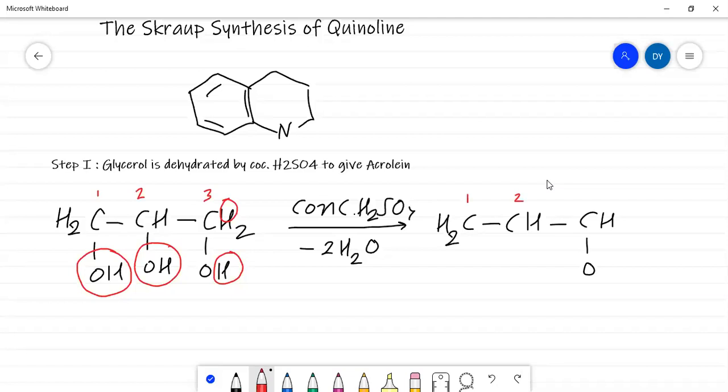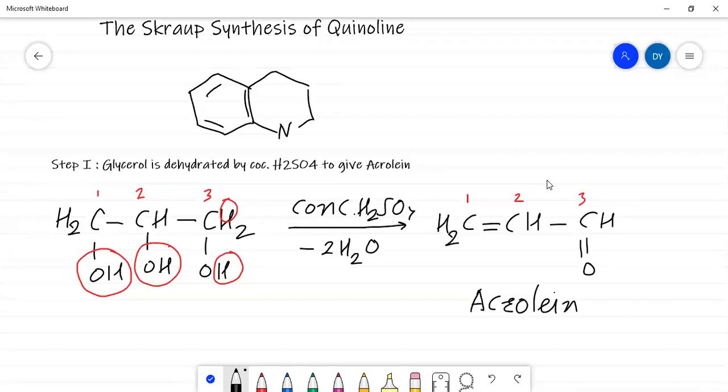From carbon number 1 OH is removed, from carbon number 2 OH is removed, and from carbon number 3 one hydrogen from carbon and one hydrogen from oxygen is removed, and that's why here we get a double bond, and here also we get a double bond to satisfy the valencies of carbon, and the compound formed here is called acrolein. So this is acrolein. Acrolein is nothing but an aldehyde containing a double bond.